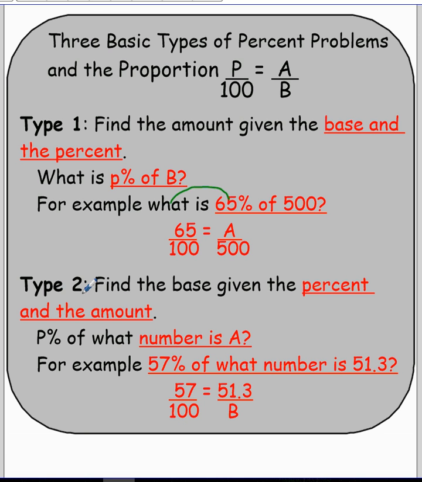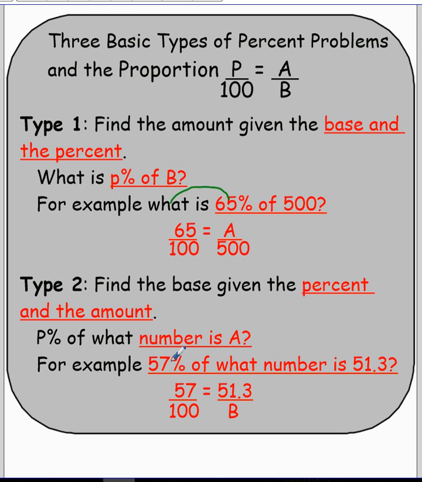For type 2, we need to find the base. So we are given the percent and the A value, or the amount. P% of what number is A? For example, 57% of what number is 51.3?